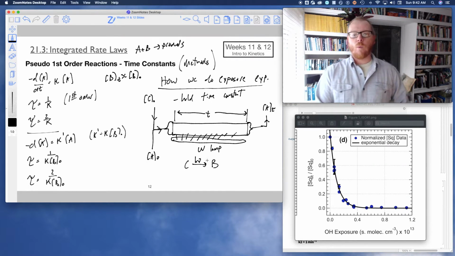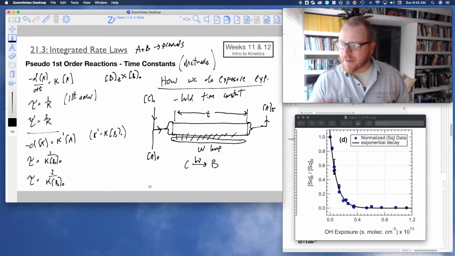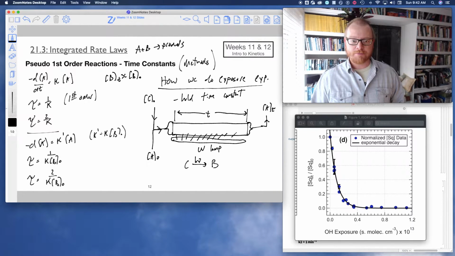So now what we do in an experiment, we flow in this C, but we know C under the UV lamp is really converted into the reactant that we want, okay? And then how do we know how much B we created?